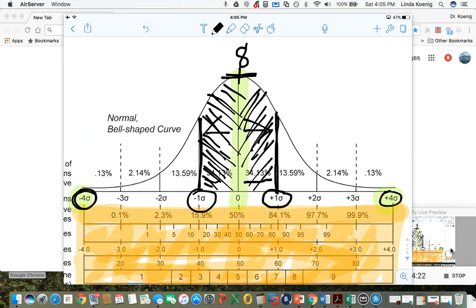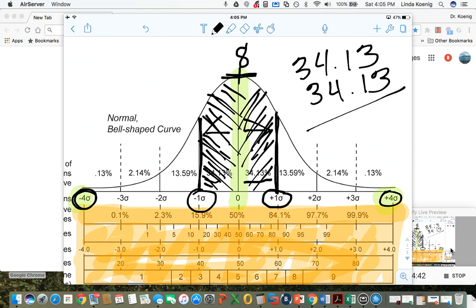And what we know theoretically is that 34.13 plus 34.13 equals 68.26, right?